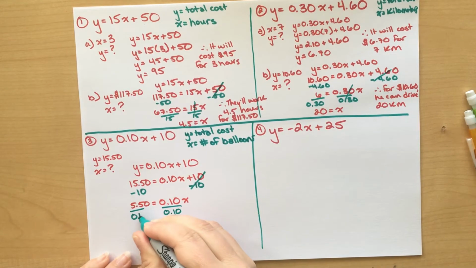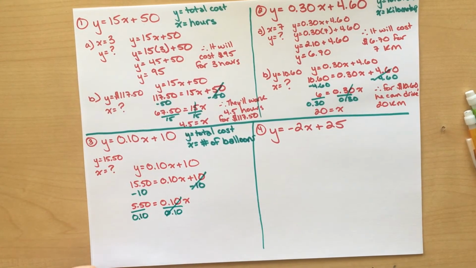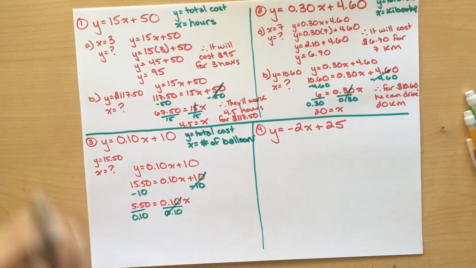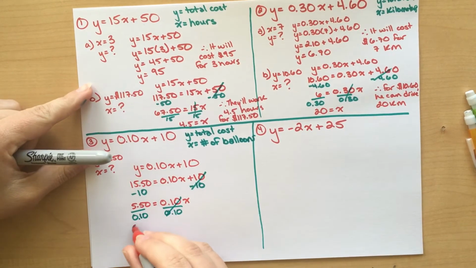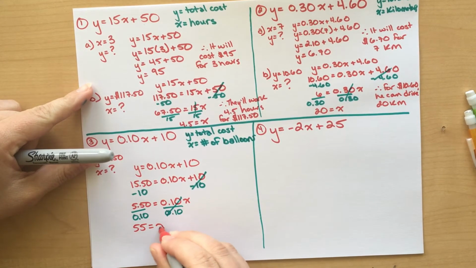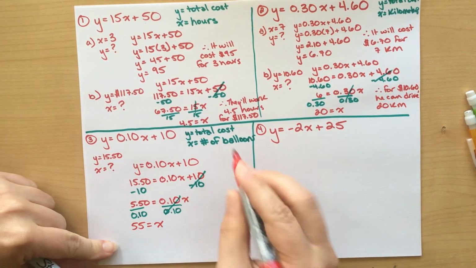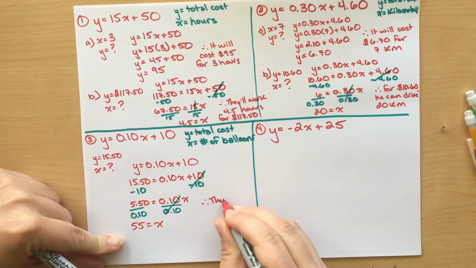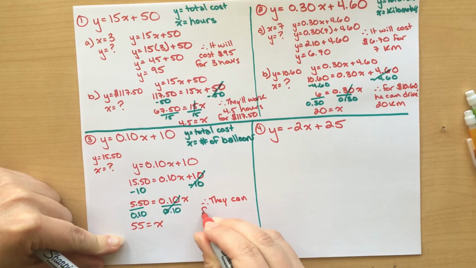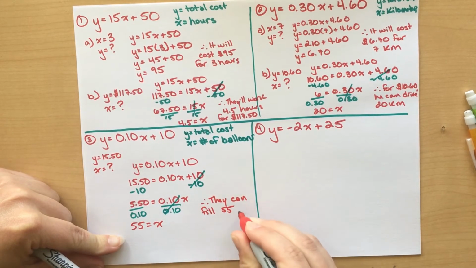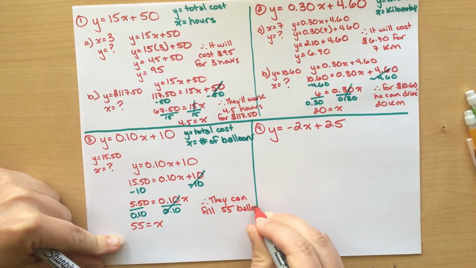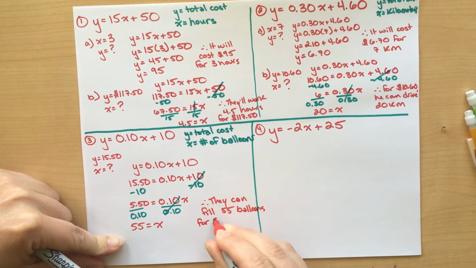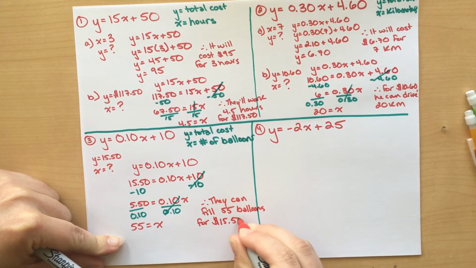What we do to one side, we have to do to the other. $5.50 divided by 10 cents will give us 55 equals x. And remember, x was that number of balloons. So therefore, they can fill 55 balloons for that $15.50.